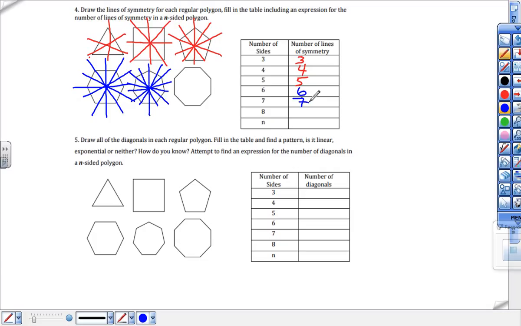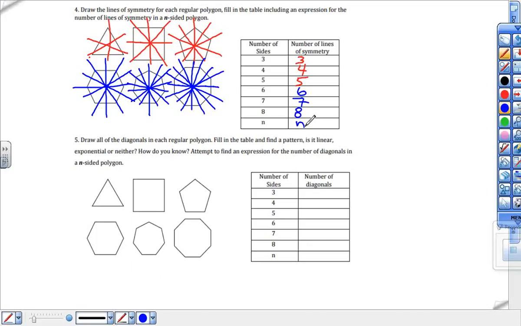Octagon will have 8. 1, 2, 3, 4, 5, 6, 7, and 8. So n sides has n number of lines of symmetry.